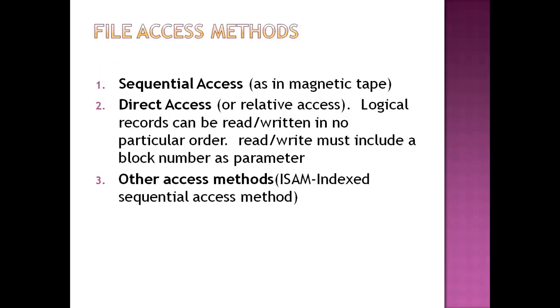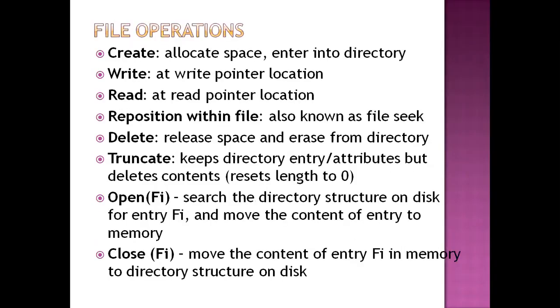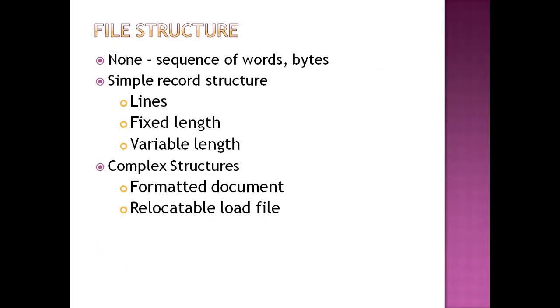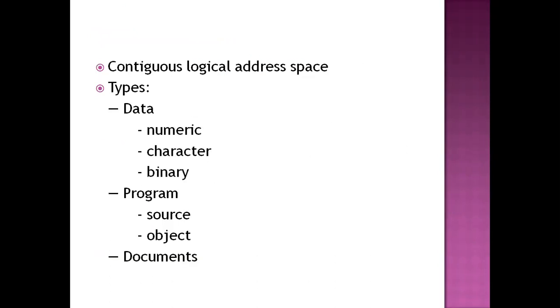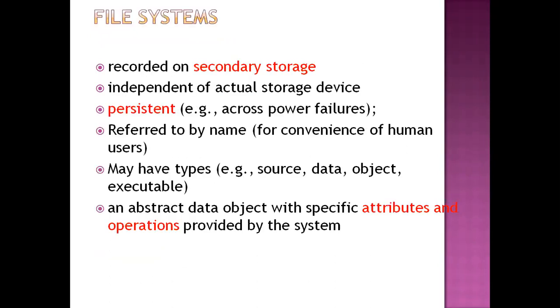Next thing is file access methods. Till now we have learned about the file concept, so let's have a quick recap of what we have discussed. We have seen the different types of files. We have seen that files are stored in the secondary storage, which is very protective.